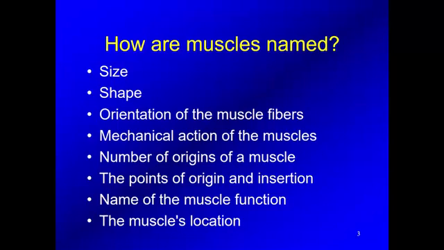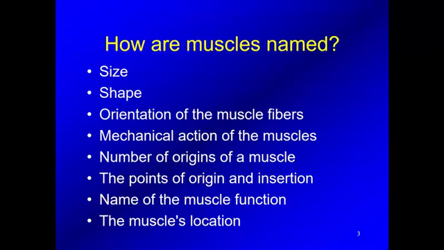Rectus means the fibers run inferior to superior. So orientation of the muscle fibers, if you look at the muscle itself, which way is the fibers going, you can sometimes tell where the muscle is by the name. Rectus is up and down, oblique is an angle, transverse is side to side. Sometimes muscles are named for what they do. Adductors, adduct. Abductors, abduct.